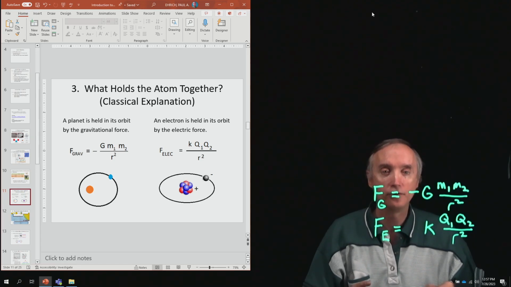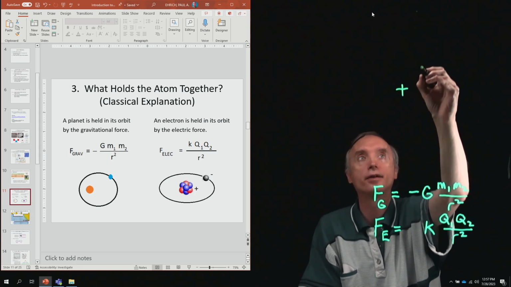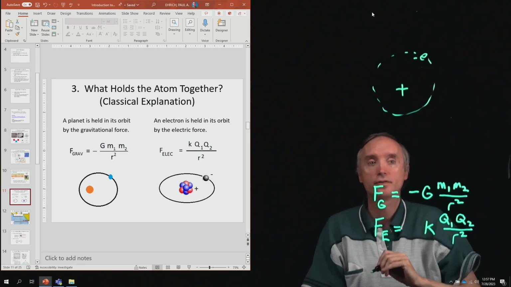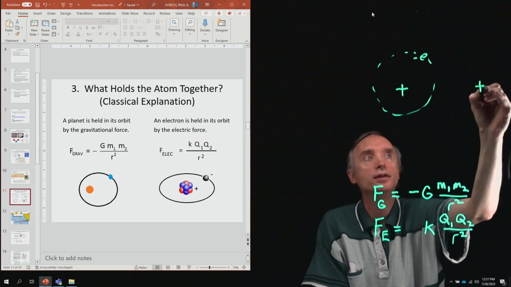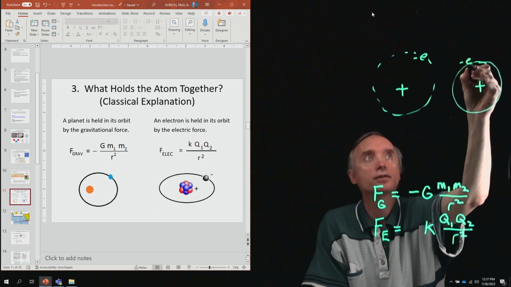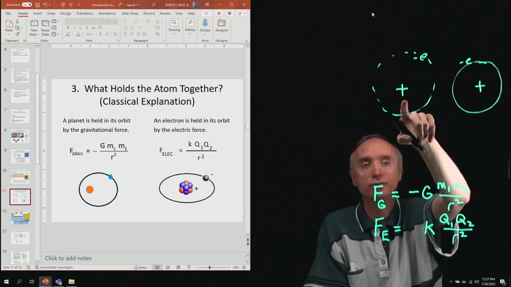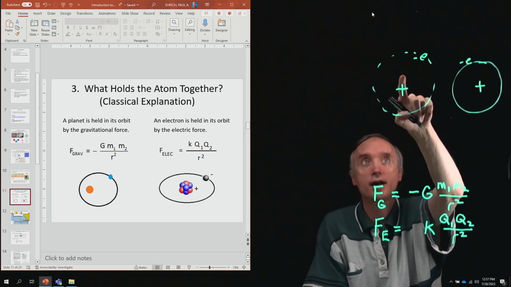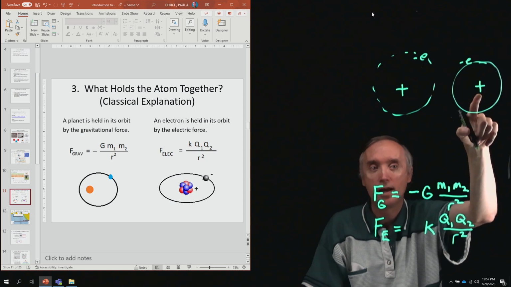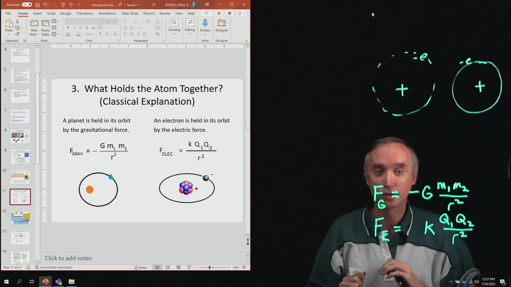And we could even go further if we wanted to, because let's say here's the positive nucleus of an atom, and here's an electron that's in orbit around it, and it's a negative electron. And then let's pretend that over here is another atom, and it also has a negative electron. So do you see how this negative electron might be attracted to the nucleus of this atom, and this one would be attracted to the nucleus of this one, and so the two atoms would come together to make a molecule?